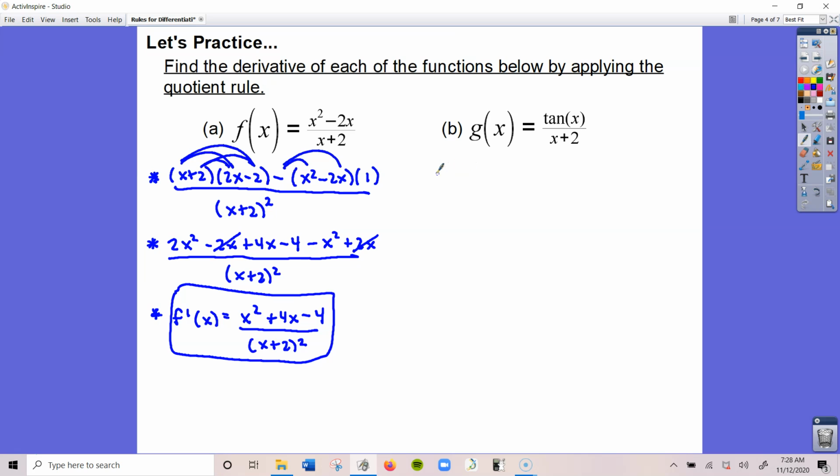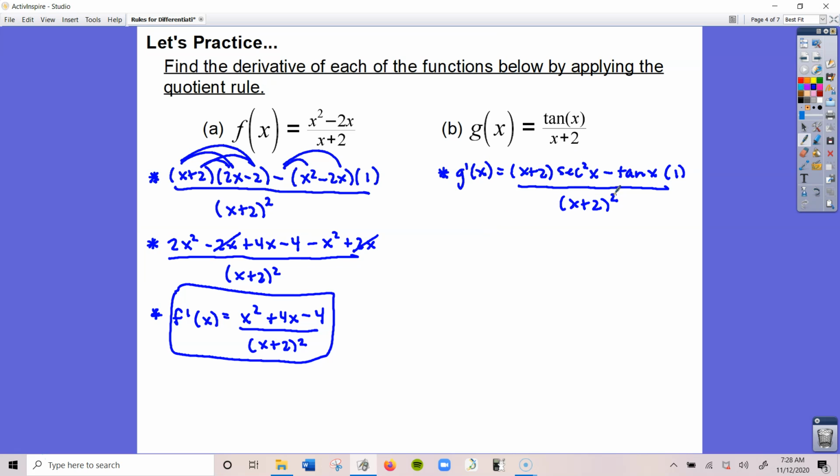Let's try that with g of x. So g prime of x is going to equal x plus 2 times the derivative of tangent, which we already saw is secant squared, minus, so low d high less high, tangent x times d low, which is just 1, over x plus 2 squared.